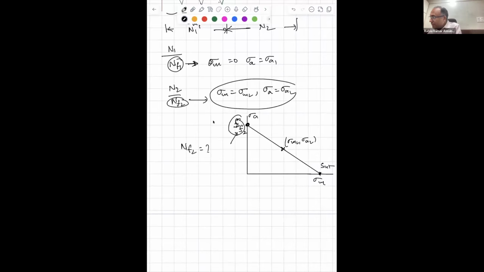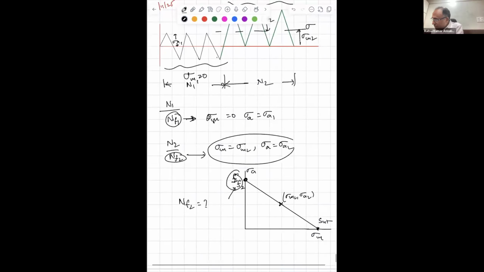Because it is the same material, whatever formula I use to calculate NF1, I make S equal to A n power B. A and B are fixed, it is the same material.